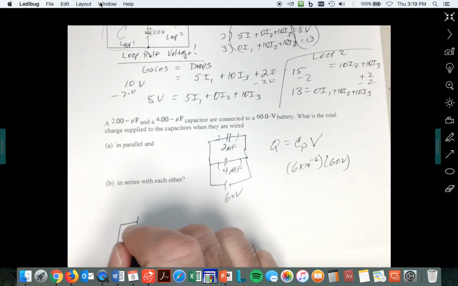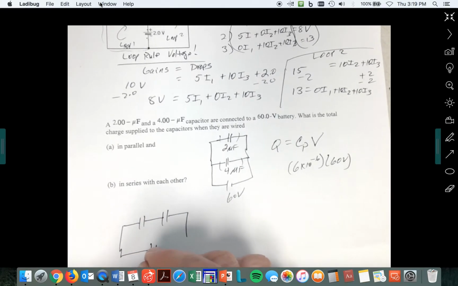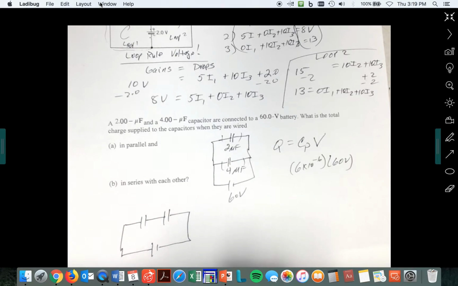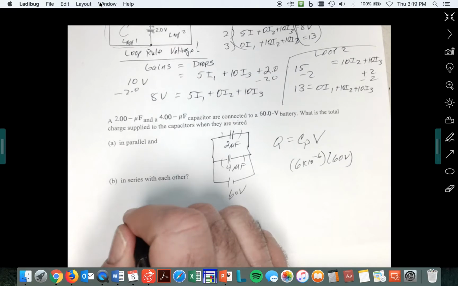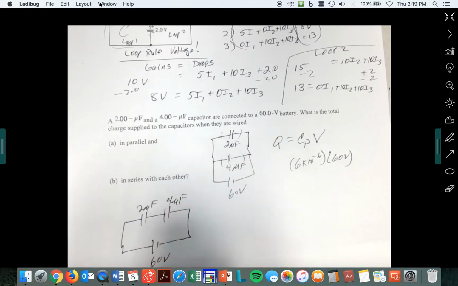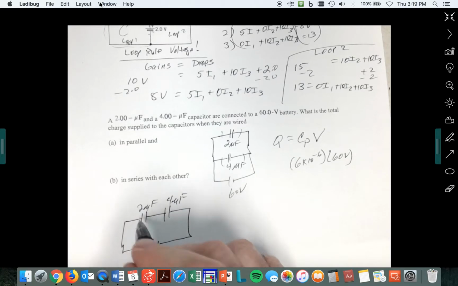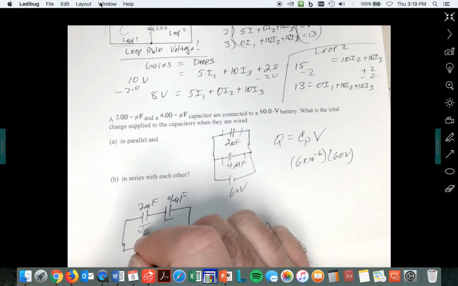So now, here's what happens. Here they are in series with each other. This is 60 volts, 2 microfarads, 4 microfarads. Now the voltage isn't the same here. This is like a V1 and a V2.